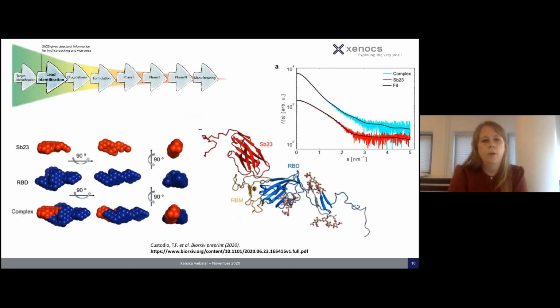This is a possible treatment for COVID. It's administration of antibodies, and the ones here are synthetic antibodies. And with SAXS, they could make a model of the binding domain of this S protein together with synthetic antibody 23, and thereby elucidate how the binding of this antibody blocks the virus from coming into the body.